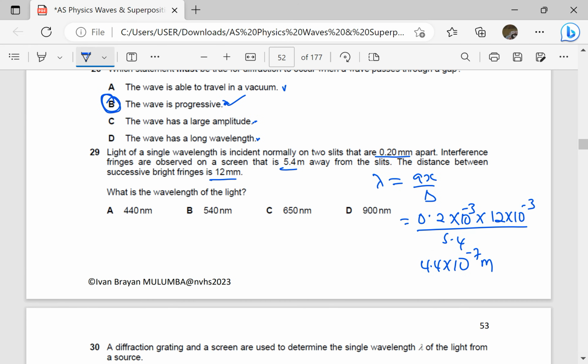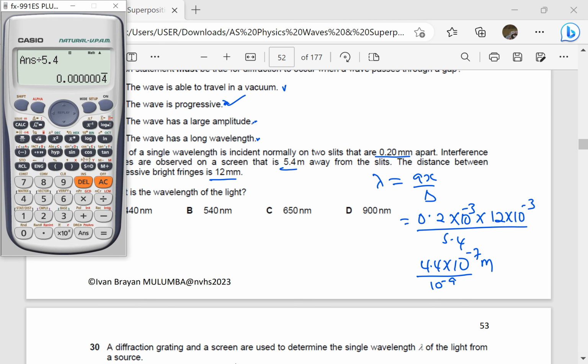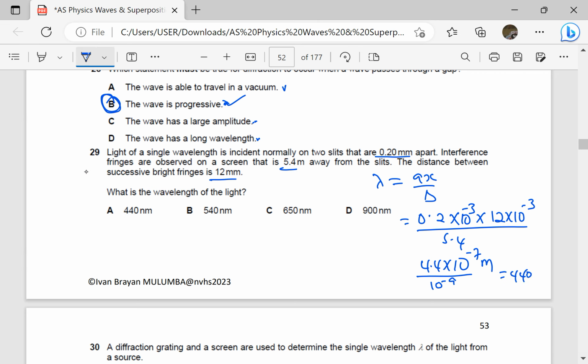The answers have been given in nano, so to bring it to nano, we divide by 10 power negative 9. This gives us 444.4 recurring, which is approximately 440 nanometers. So the answer is going to be A.